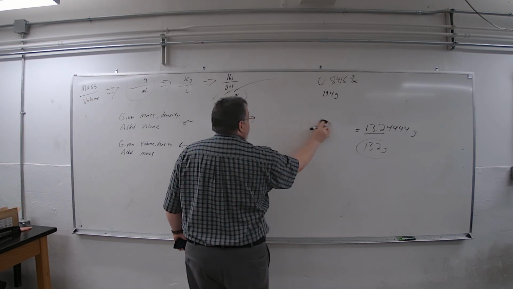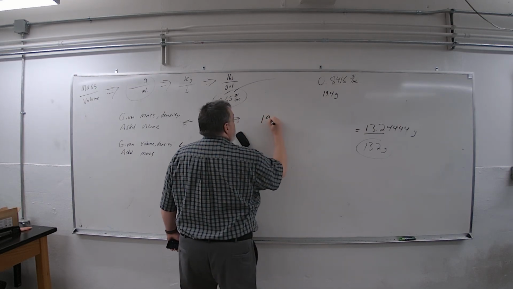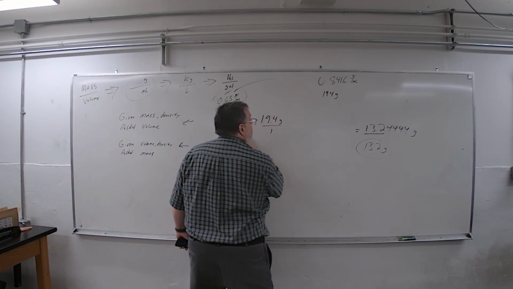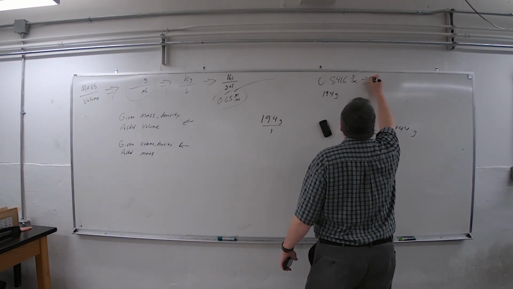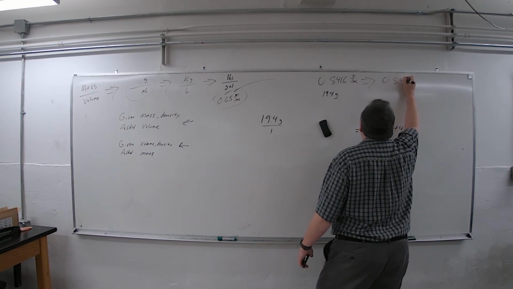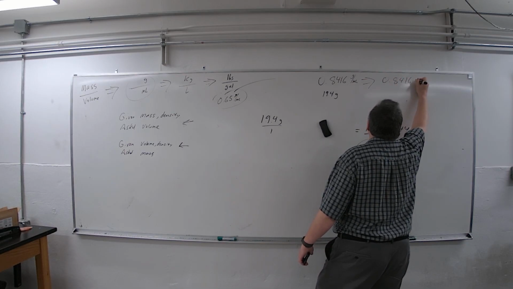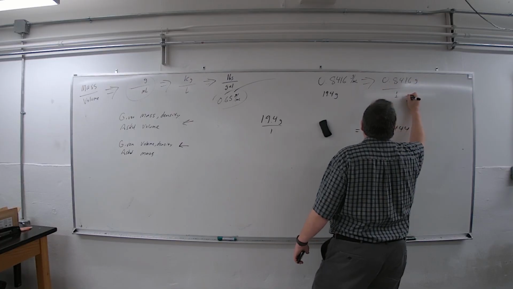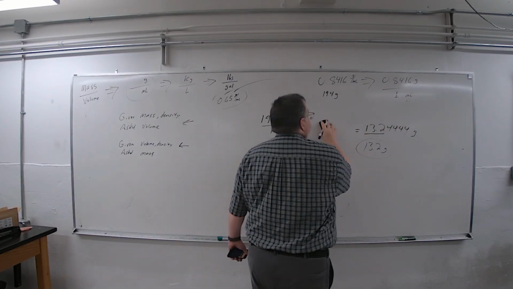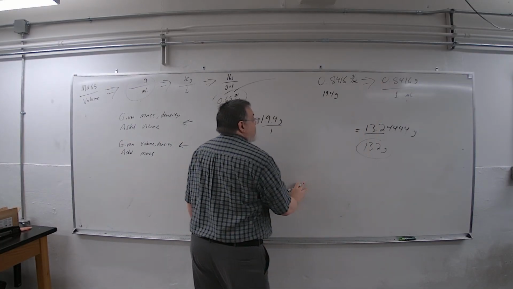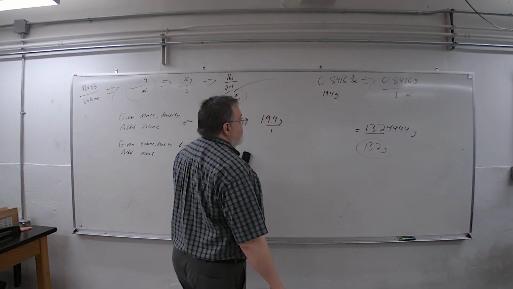You're going to start with the grams over 1. This again turned into 0.8416 grams over 1 milliliter. In this case, we need to invert this to make the grams cancel, giving us milliliters.